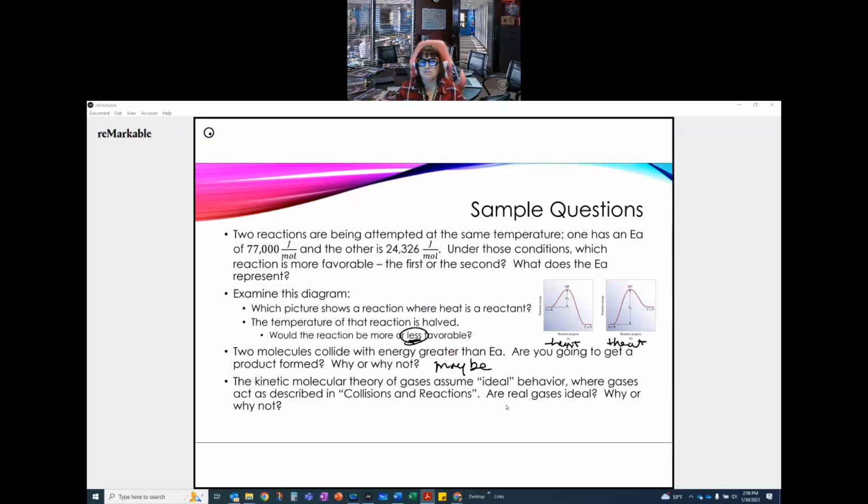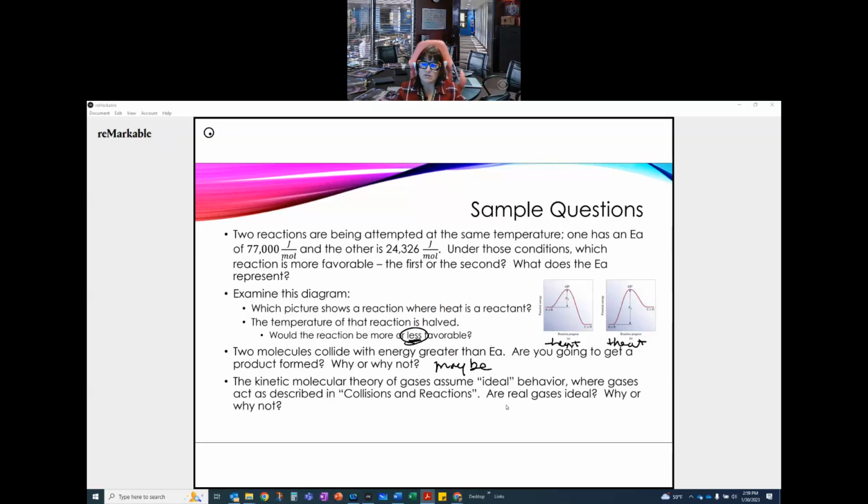That answer usually is, probably not. And of course it does say ideal parenthetically, which means that it's not real. When two things collide, they do not just bounce off of each other with no transfer of energy. It doesn't happen. And so we know that they're not ideal.